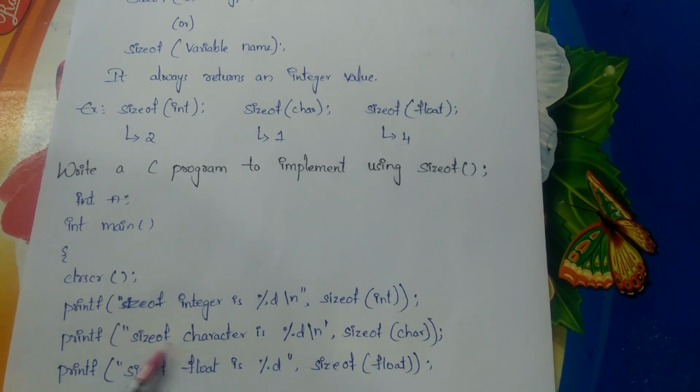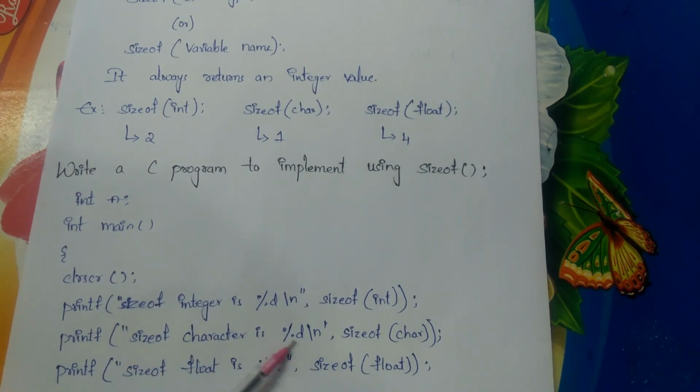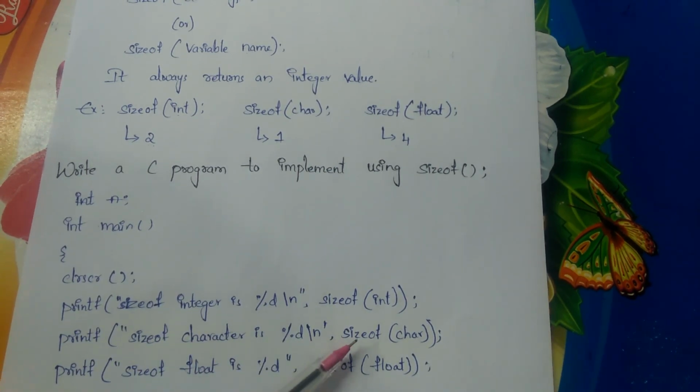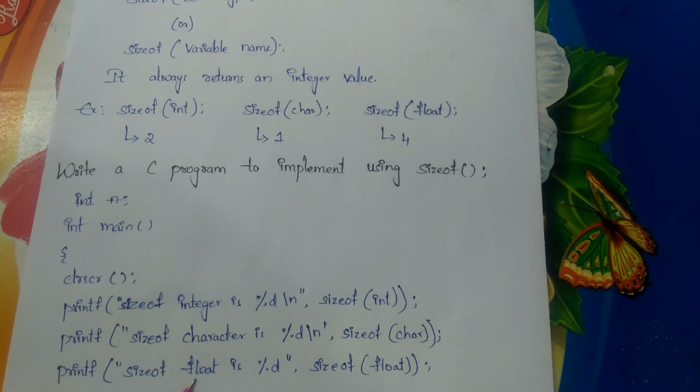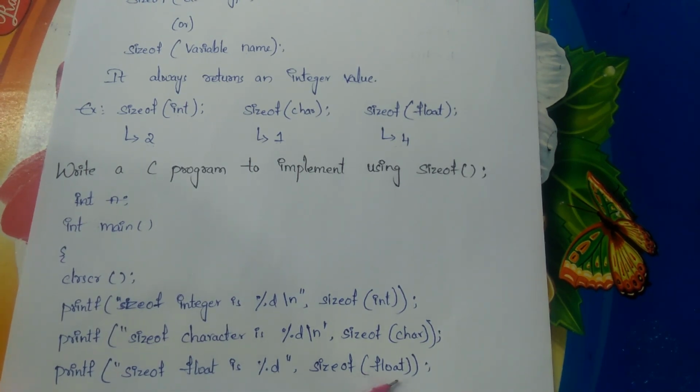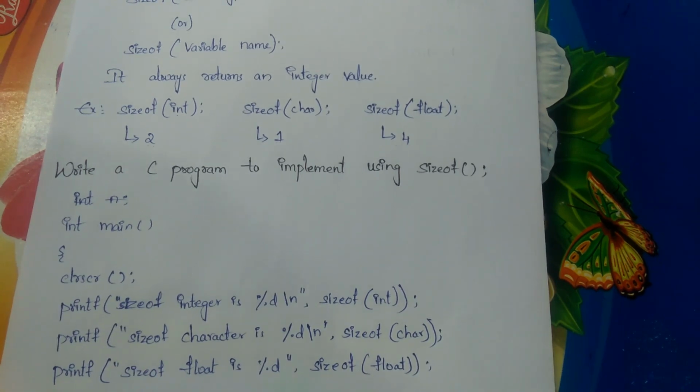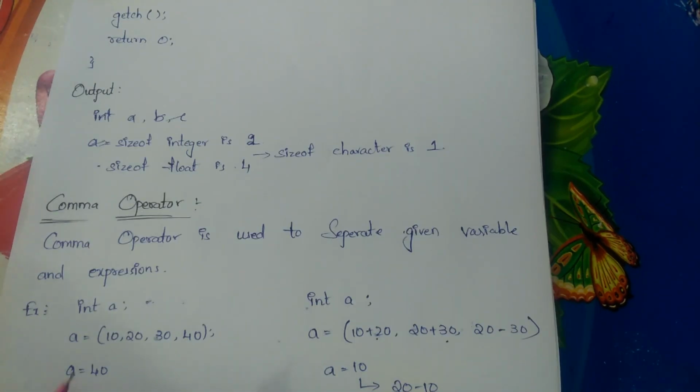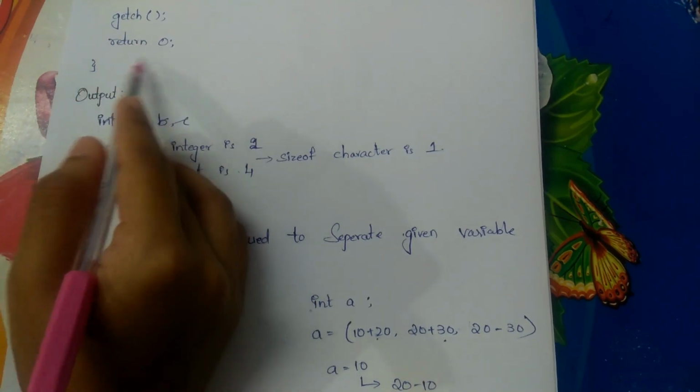So that is size of character is %d and backslash n, then sizeof(char). The next statement, I want to get the bytes for the float. So size of float is %d and sizeof(float). Then after that getch and return 0.